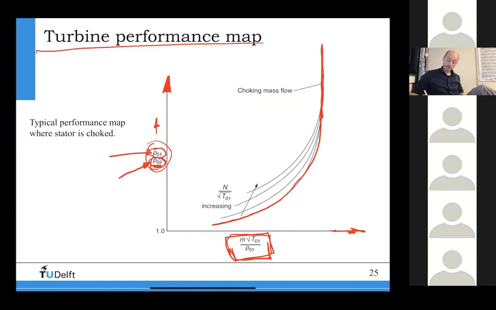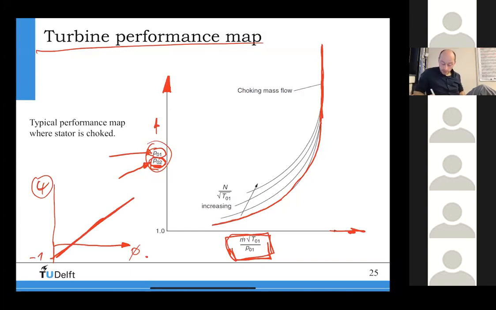Remember in the ideal case, I had the performance diagram. The flow coefficient was Cx/U as a function of the flow capacity, and we had a line that was like that, -1 here, and it was going up, right? The same you can see here.